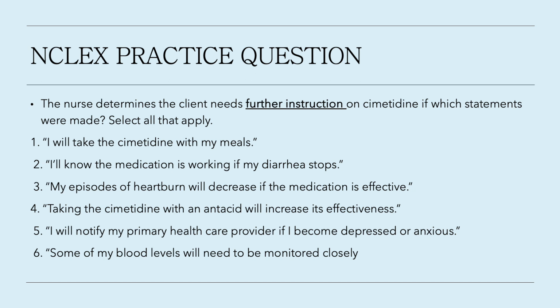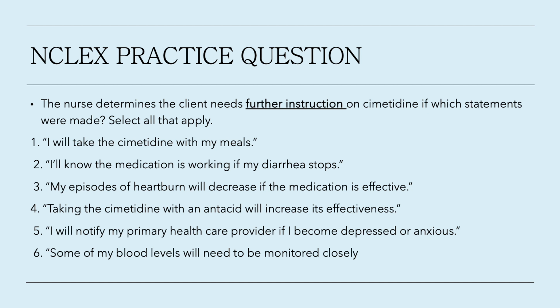So, NCLEX practice question. So the nurse determines the client needs further instruction on cimetidine if which statements were made. Select all that apply. Number 1, I will take the cimetidine with my meals. Number 2, I'll know the medication is working if my diarrhea stops.